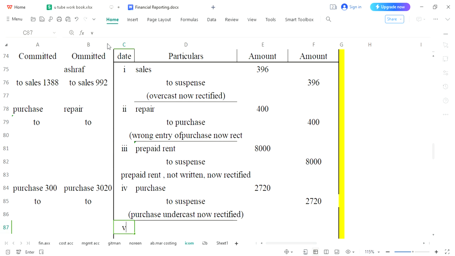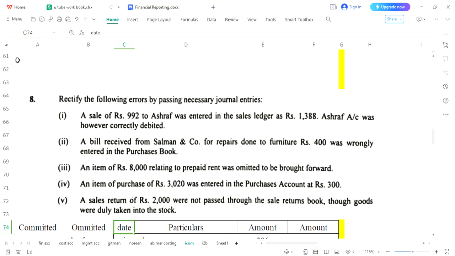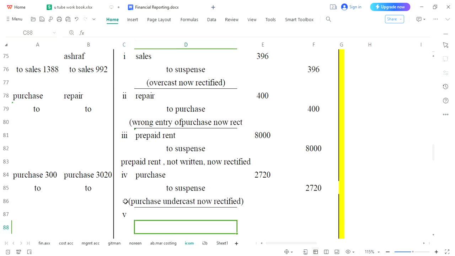Now entry number 5. A sale return of 2000 was not passed through the sale return book. As I've told you, in the book both entries were missed. So the journal entry for sale return. Sale return means goods are returned back to you. It means goods are coming in, which means sale return should be written on the debit side.